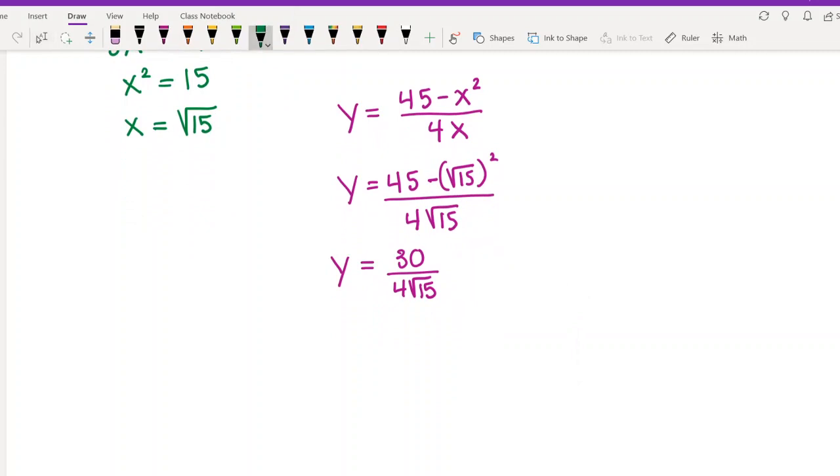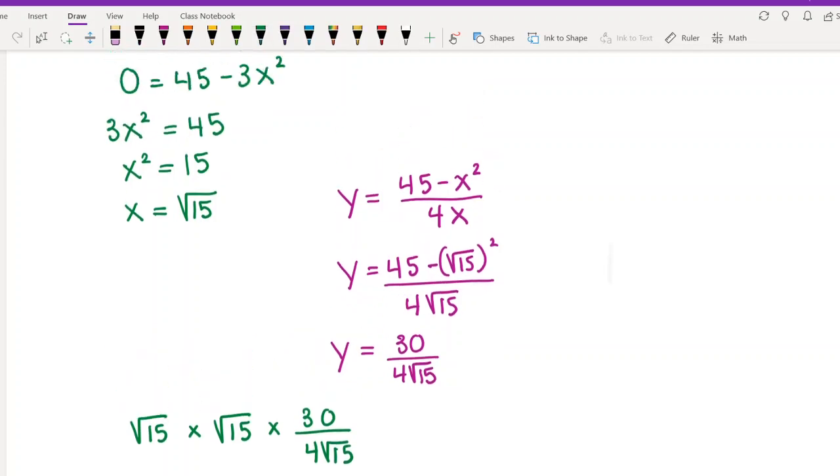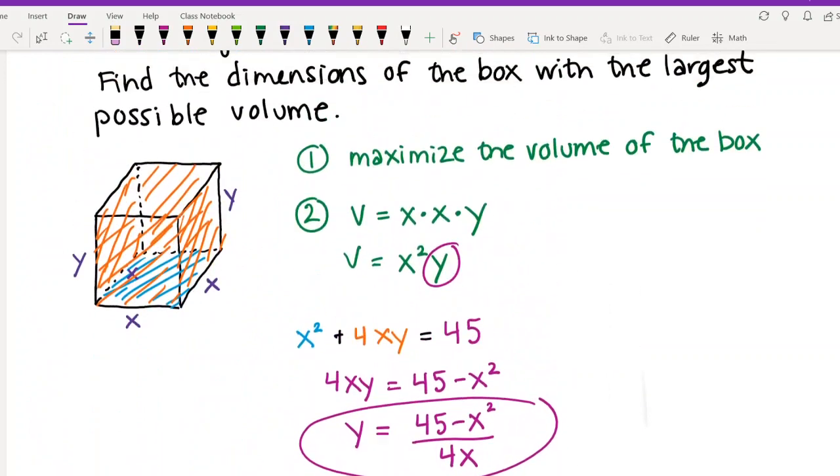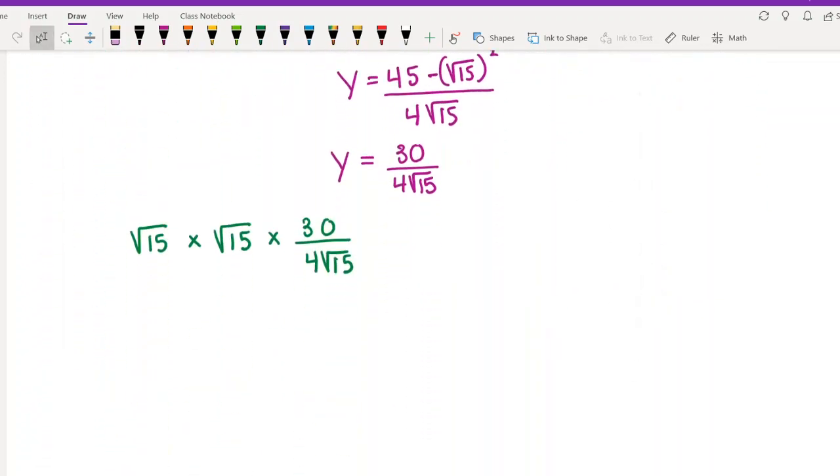So the dimensions are going to be square root of 15 by square root of 15 by 30 over 4 root 15. And I guess I should have put units on here. Our original units were square meters, right? And so that means that each of these dimensions has a unit of meters. So we have meters, meters, meters. And that's our final answer.